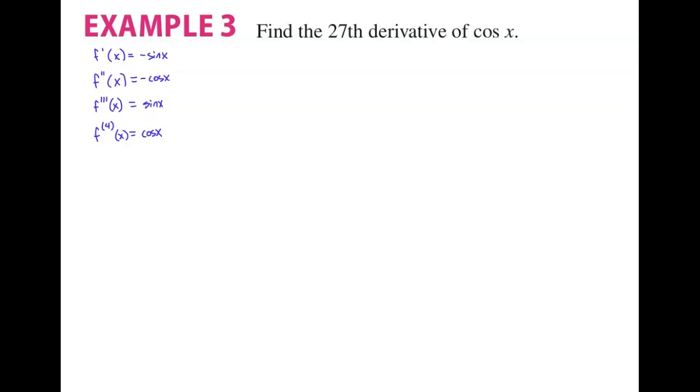Well, what's 27 divided by 4? So if you divide 27 into 4, you're going to get 6, and you're going to have a remainder of 3, right?